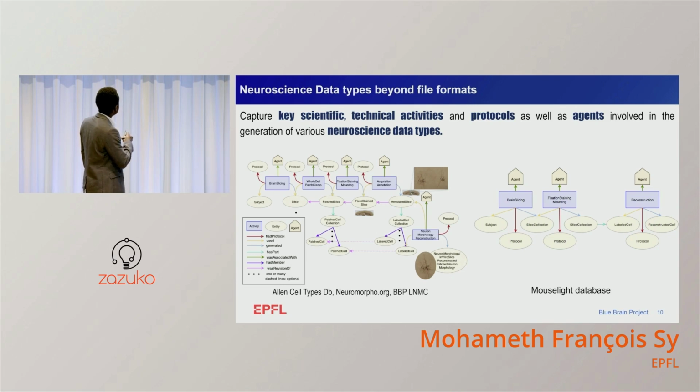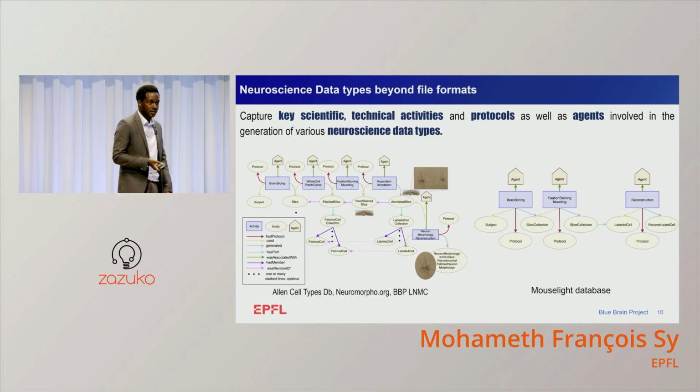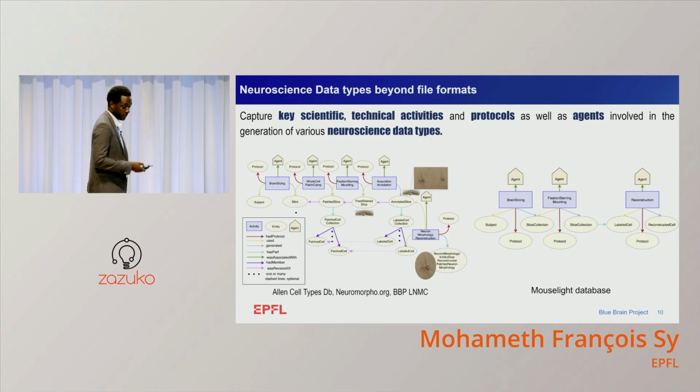Then you get a piece of data in different formats, SWC, ASCII, whatever, with metadata, etc. And for example, these two patterns are about neural morphology, but as you can see, they are quite different. They are quite different in what is involved in generating them, and we wanted to have a way to also capture these things.